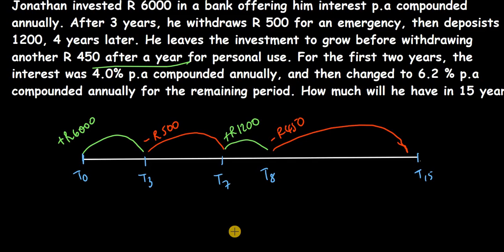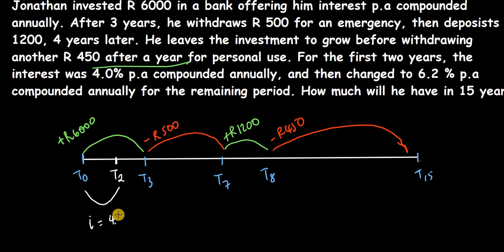Now remember, the withdrawals and the deposits, you write them at the top. Now we have interest rates that we're gonna write at the bottom. They said for the first 2 years the interest rate was this. So you have to add T2 here and say from here to there the interest was how much?